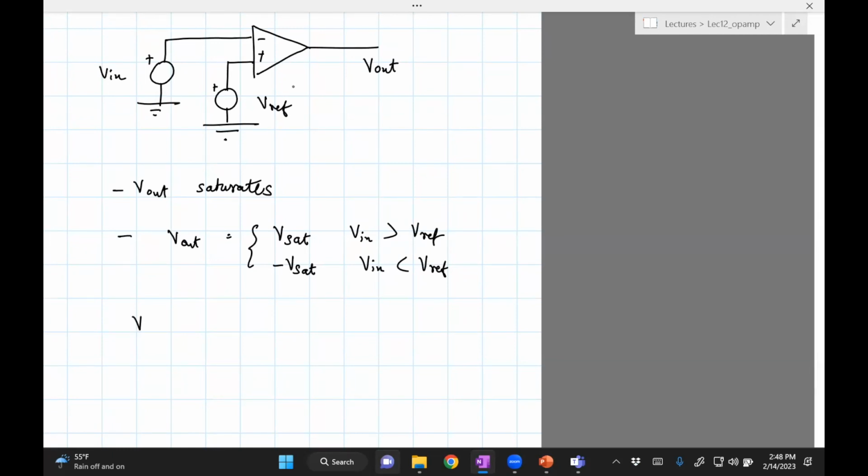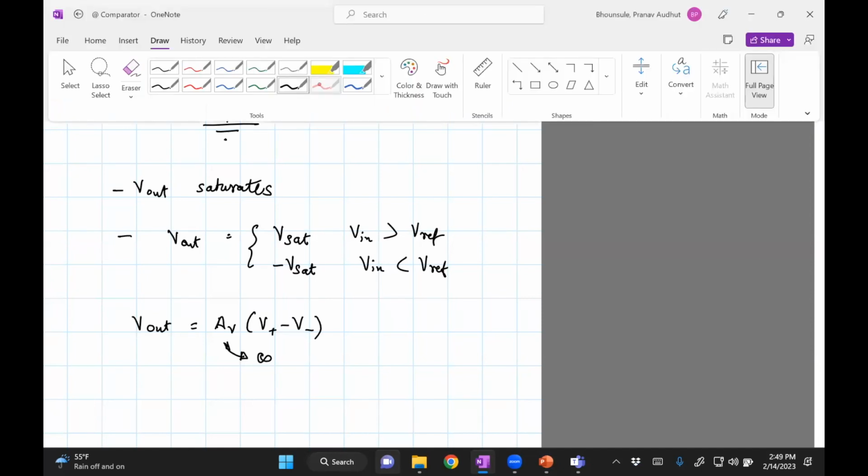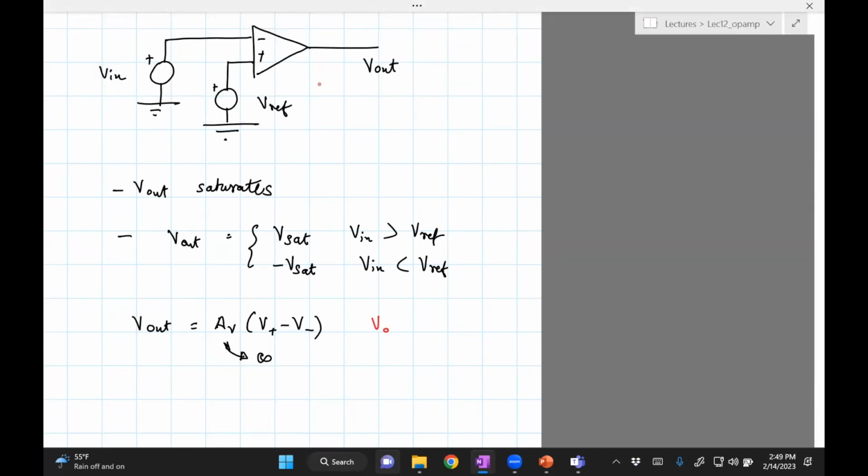We've seen that V out is A V times V plus minus V minus. A V approaches infinity, which means that for a very small difference between V plus and V minus, V out will go to infinity.